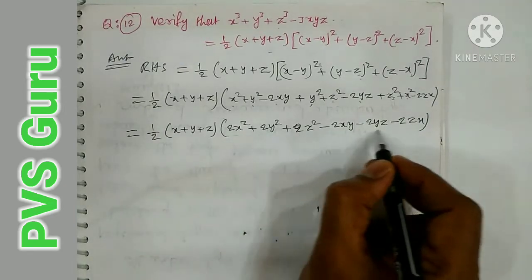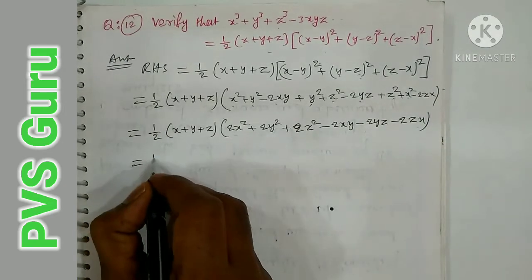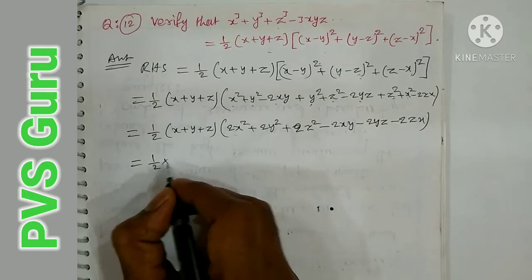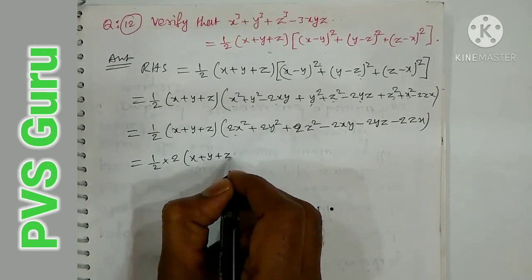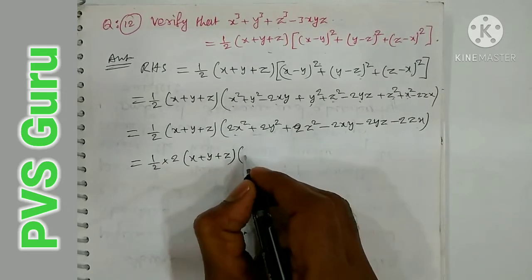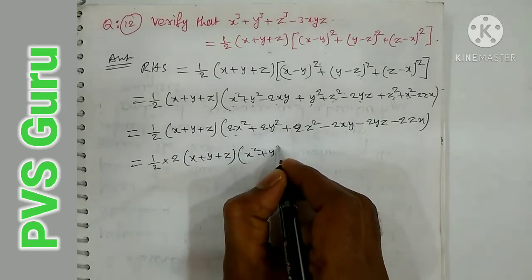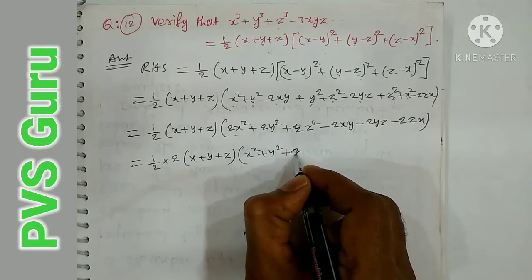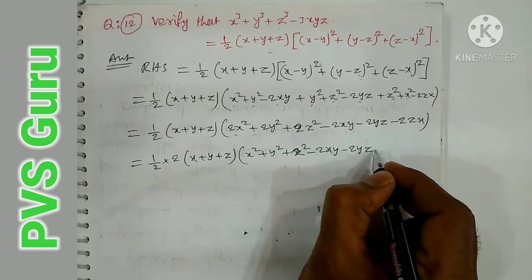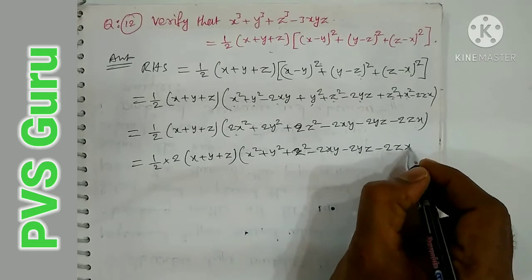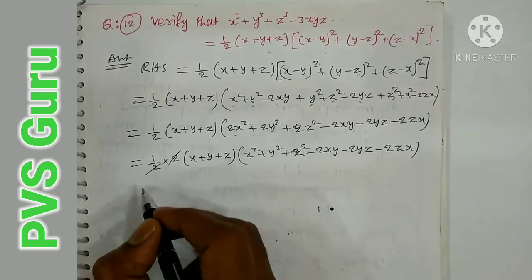Here all have 2, so you take 2 common. 1 by 2 into 2 is common, x plus y plus z, times the remaining values x square plus y square plus z square minus xy minus yz minus zx. Here the 2 gets cancelled.